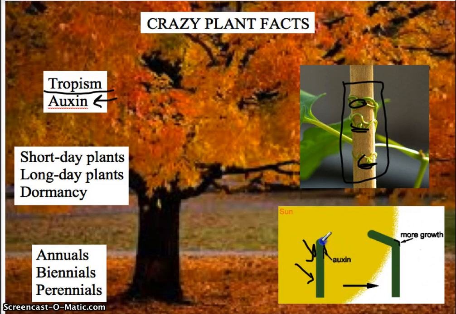It is like a hormone or an enzyme that promotes the growth on the other side. So when this side grows, that makes the flower or plant lean toward the sun. Isn't that something? That you can have a hormone inside a plant that realizes when the other side of the plant is getting all the sun. And that helps the whole plant and the flower itself face the sun.